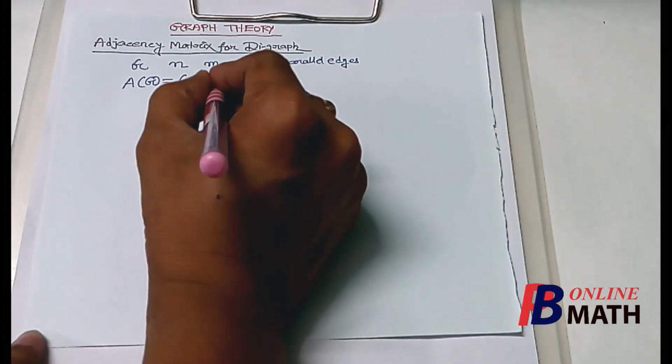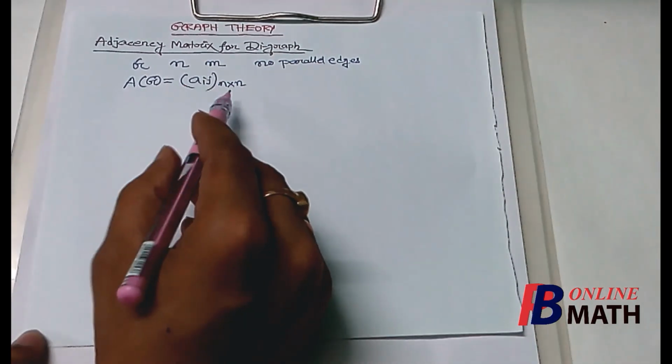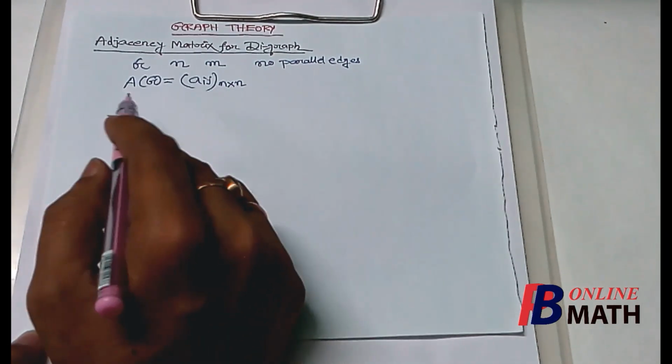The adjacency matrix is an n cross n matrix. It is a square matrix where n is the number of vertices.